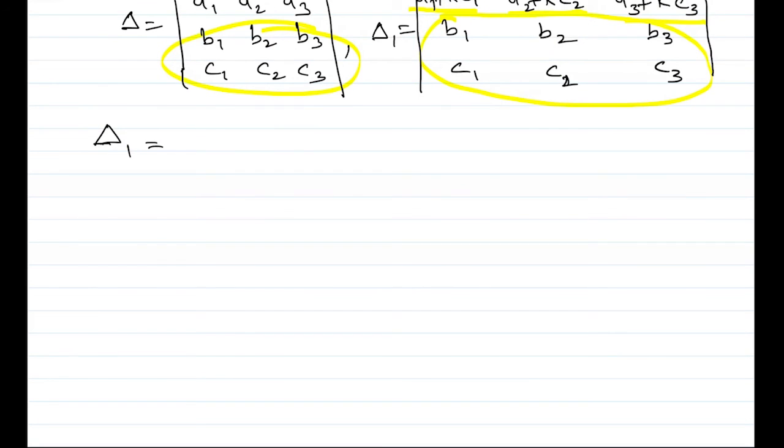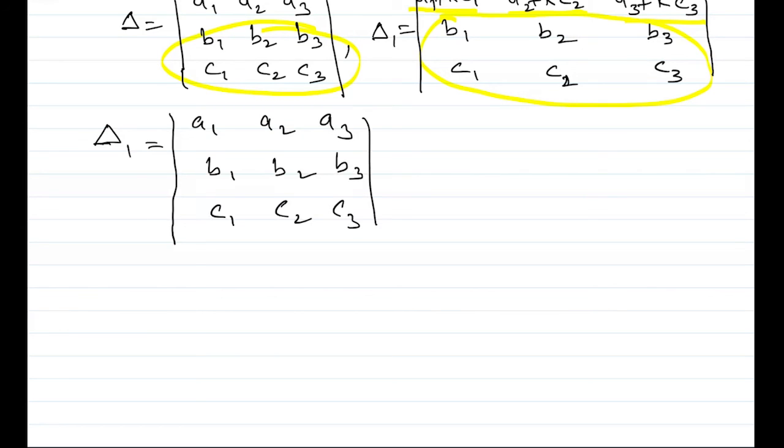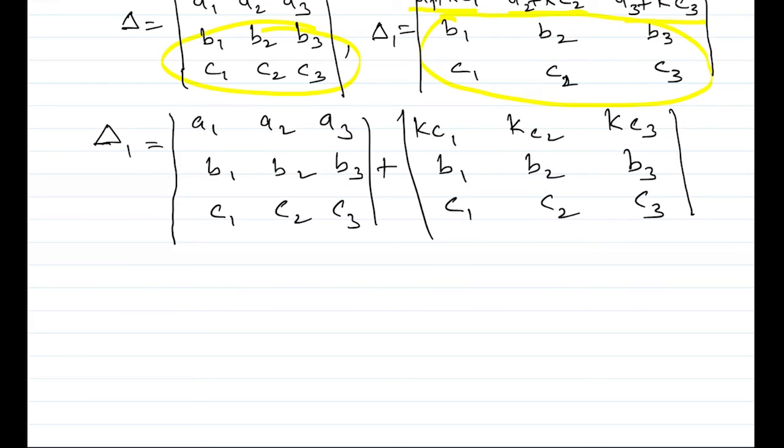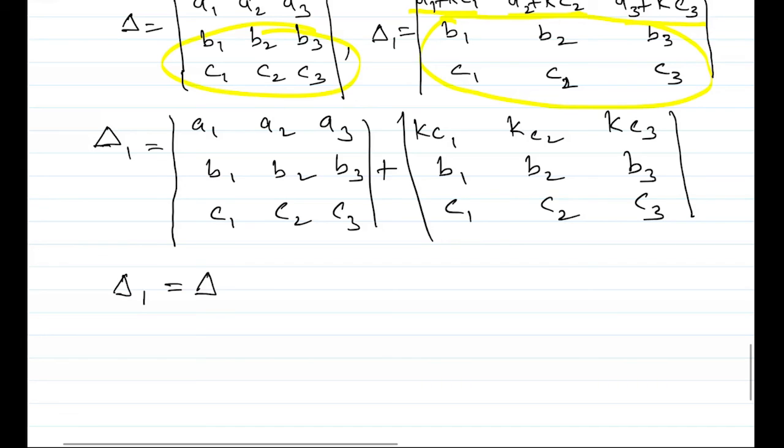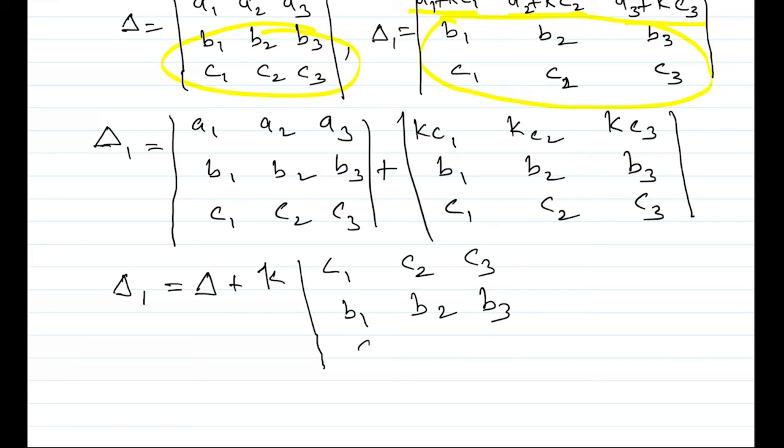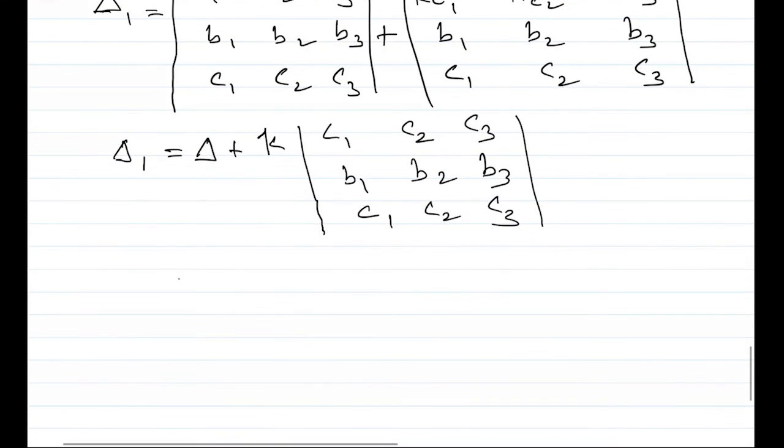So let us apply property number 5 on delta 1. Delta 1 can be written as the sum of two separate determinants, the first with rows a1 a2 a3, b1 b2 b3, c1 c2 c3, plus the second with first row k c1, k c2, k c3. The first determinant is equal to delta. Now we can take k common from the first row. The second determinant will become c1, c2, c3, b1, b2, b3, c1, c2, c3.